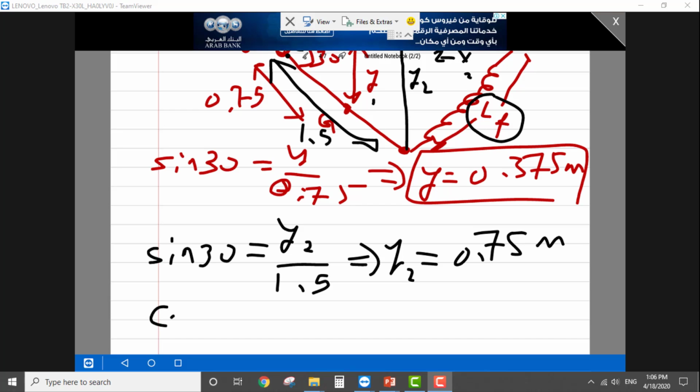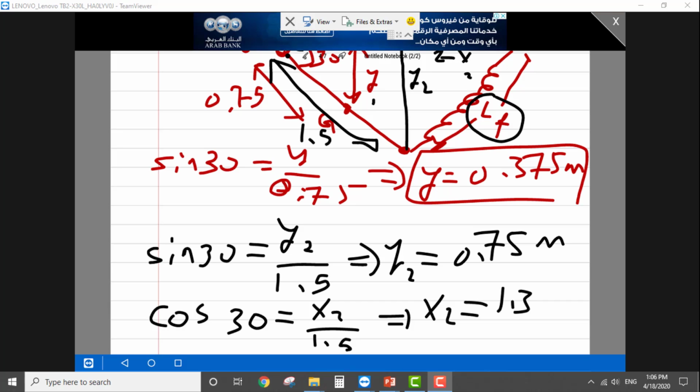I'll use cosine 30, which is equal to x2 divided by 1.5, so x2 is cosine 30 multiplied by 1.5, which is 1.3 almost.